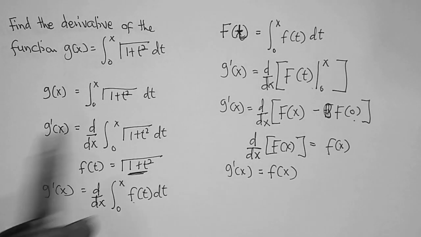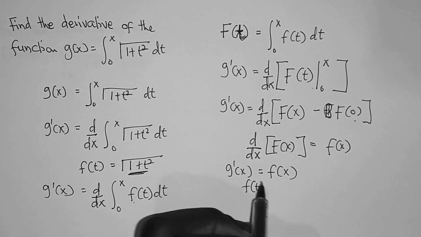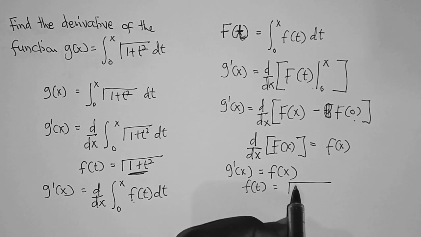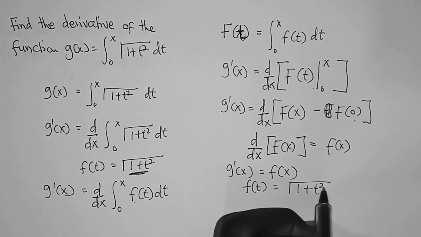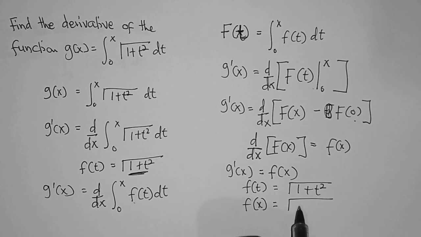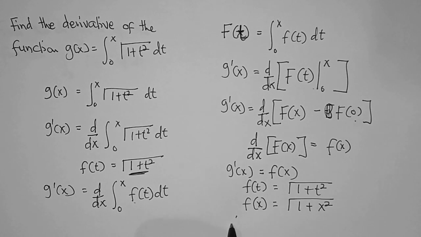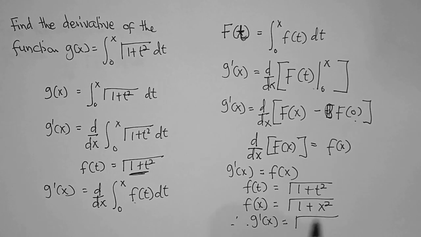But remember that we said that f of t is equal to square root of 1 plus t squared. So f of x is just going to be replacing t with x, which is square root of 1 plus x squared. And therefore, g prime of x is equal to square root of 1 plus x squared.